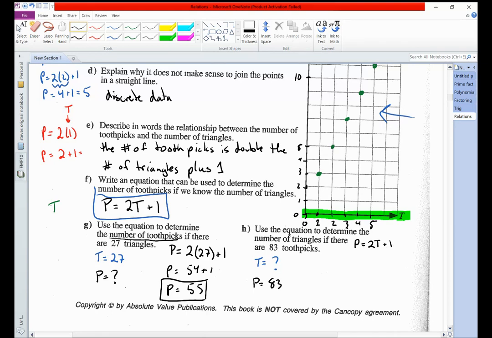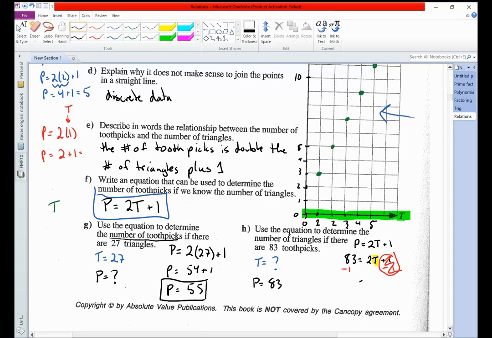Now we're going to put in a value for P. 83 is equal to 2T plus 1. And we want to solve for the T variable. In order to do that, we have to use our algebra to get everything away from the T. First thing we want to do is subtract 1 from both sides, because 1 minus 1 cancels.